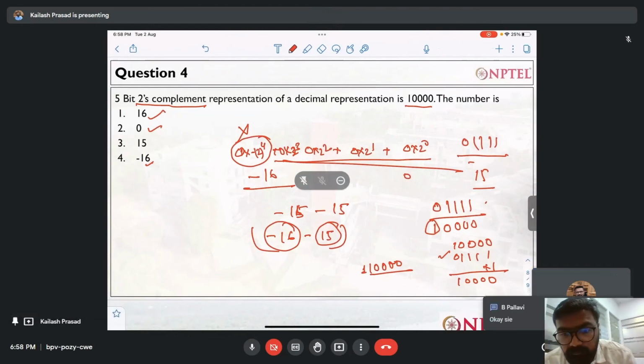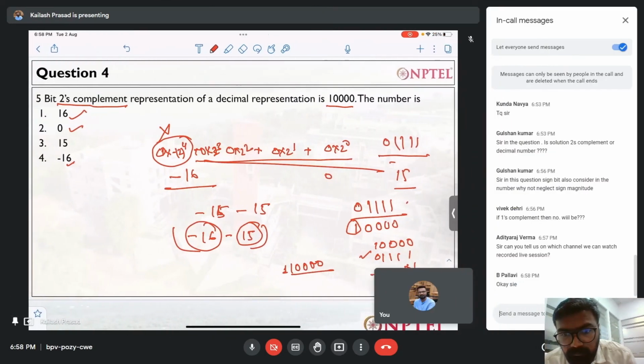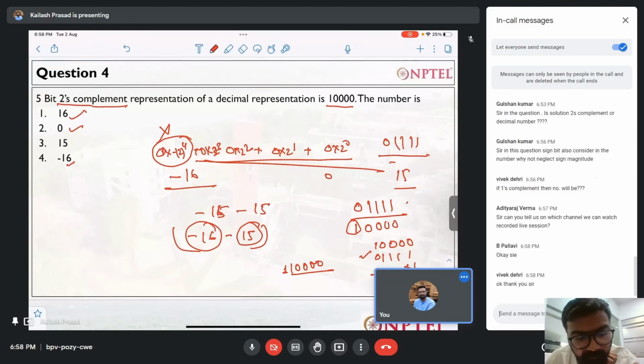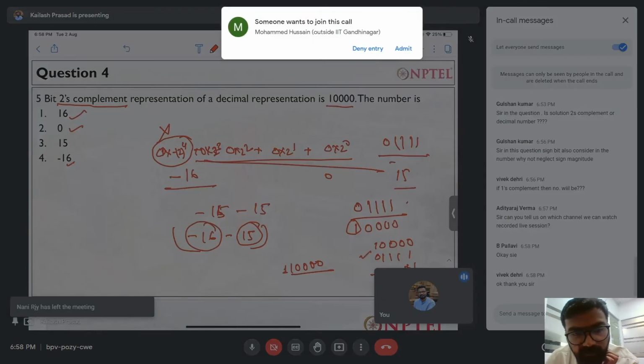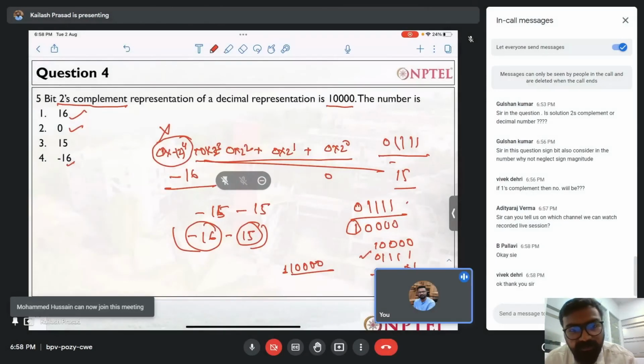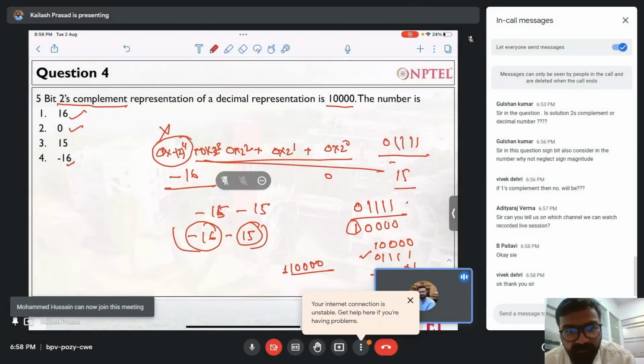Sir, these types of questions are based upon the MSB value, the last end of the number? Yeah. So here the question I have shown, right?